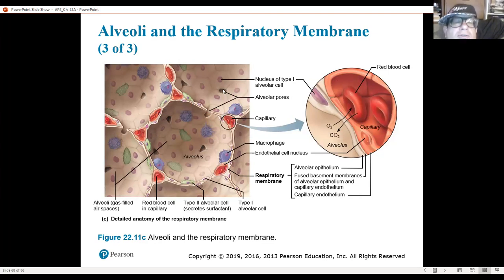The pores are the little passageways that connect the different alveoli. Here you have a macrophage, a big eater crawling around looking for bacteria that need to be killed. And somewhere here we should have a type 2 cell, there we go, type 2 cells making the surfactant. Okay, good to know.